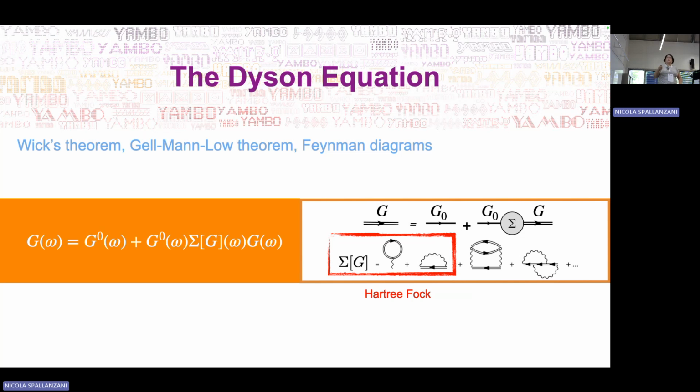When we choose the scattering events that we include in our self-energy, we have different approximations, as was said before. If we include these first two diagrams, we'll have Hartree-Fock. And if we include different diagrams, we'll have different approximations.